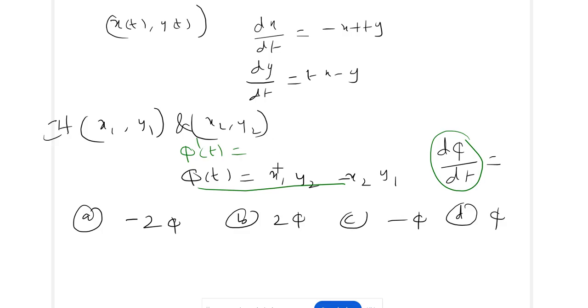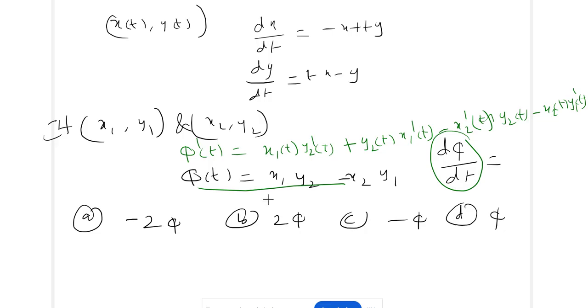That is x1(t) y2(t). So x1(t) into y2 dash(t), by the UV formula, plus y2(t) into x1 dash(t). Then minus x2 dash(t) y2(t)... and finally minus y1 dash(t) x2(t), minus x2(t) y1 dash(t).